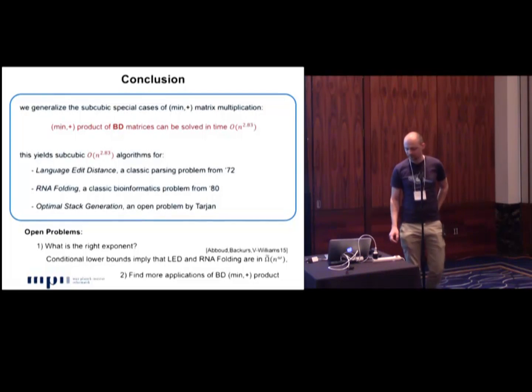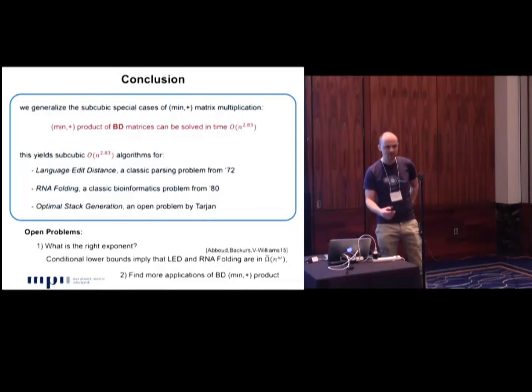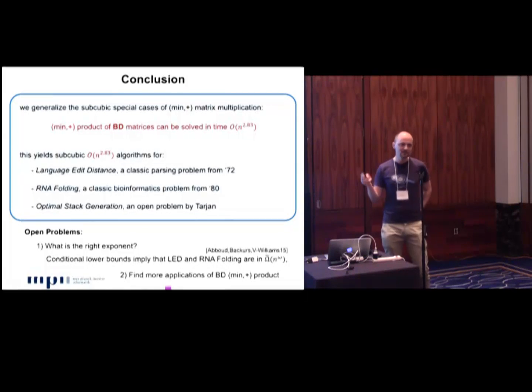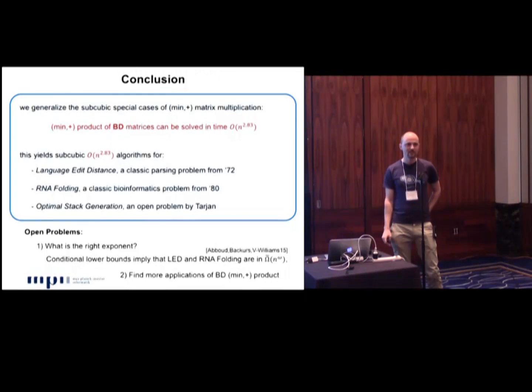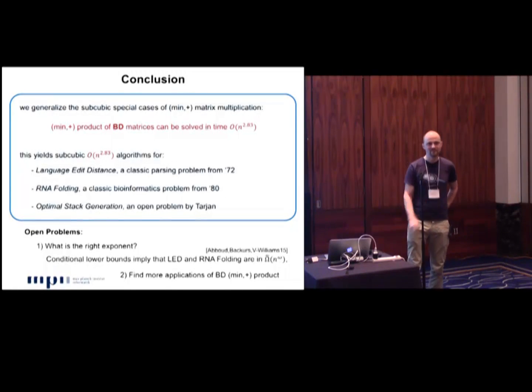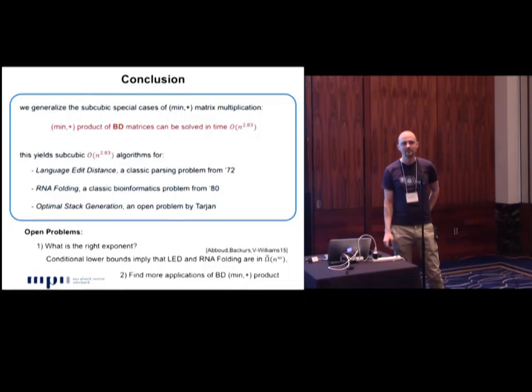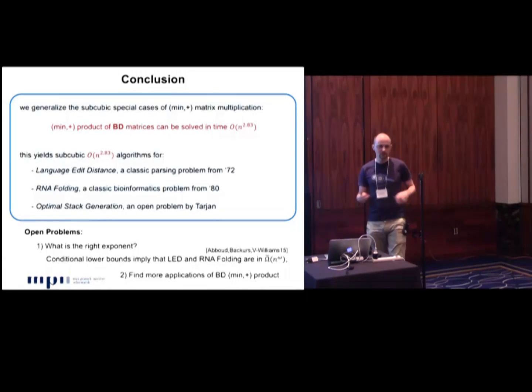The question was what is the exponent if omega is equal to 2, and then it's still strange. It's n to the 2.76 or something. But you can always check whether it's bounded.